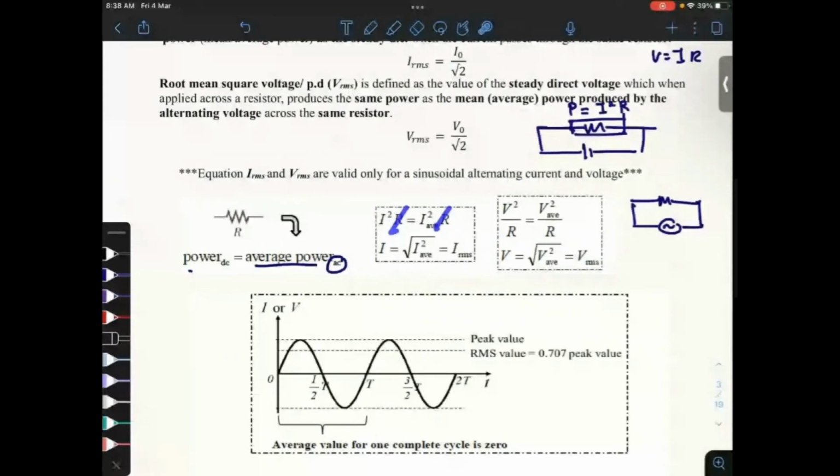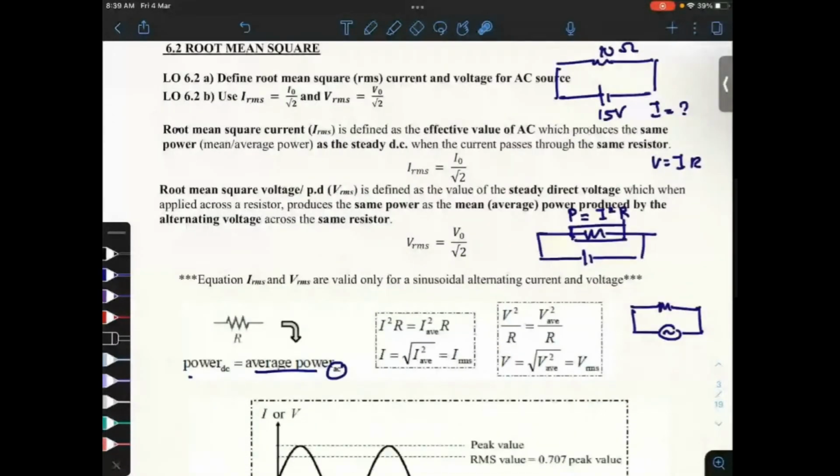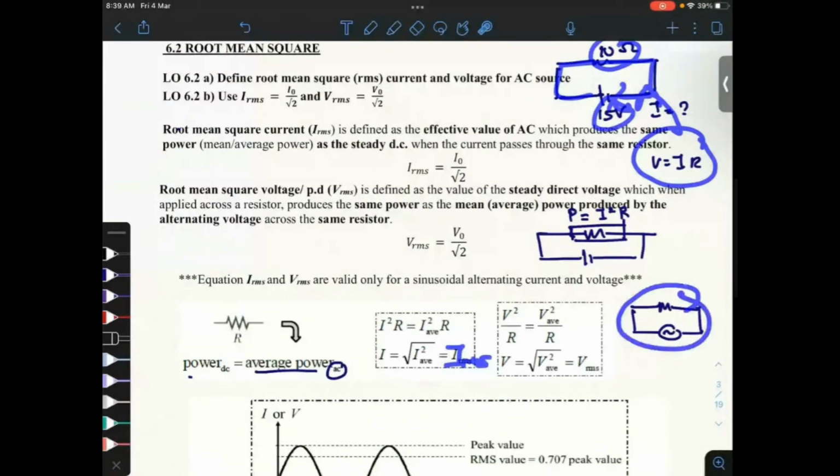So I dalam DC akan sama dengan square root I square average tadi tu. So basically, current yang flow in the DC yang kita guna kaedah ini, tadi nak carikan 15 bahagi dengan 10 to know the value of current yang akan flow dekat sini, akan sama dengan IRMS dalam AC circuit using the same resistor.